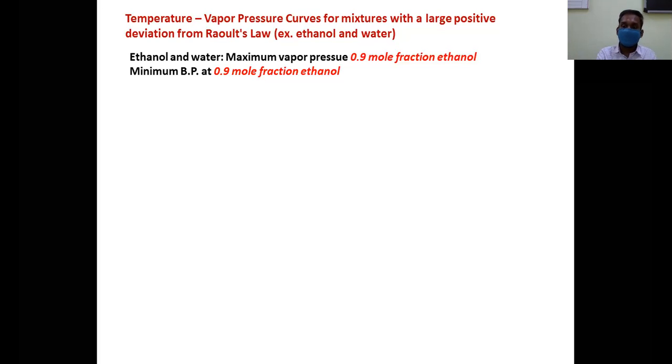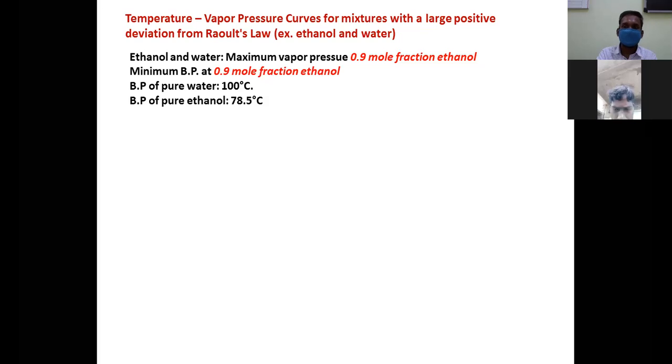Do we have experimental values to substantiate or justify these claims? Yes. The boiling point of pure water, as you know, is 100 degrees Celsius, because this is at sea level, or simply put, at 1 atmospheric pressure. The experiment was done at 1 atmospheric pressure, 100 degrees Celsius. Boiling point of pure ethanol, 78.5 degrees Celsius.